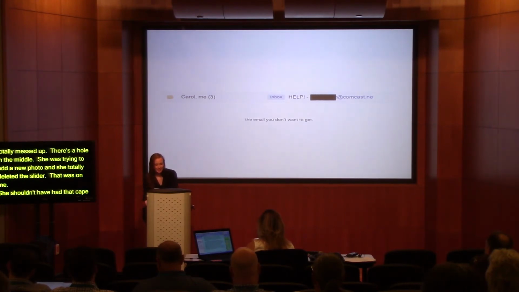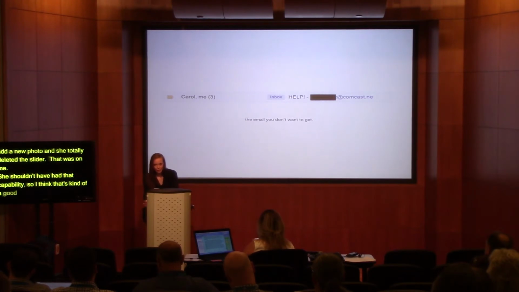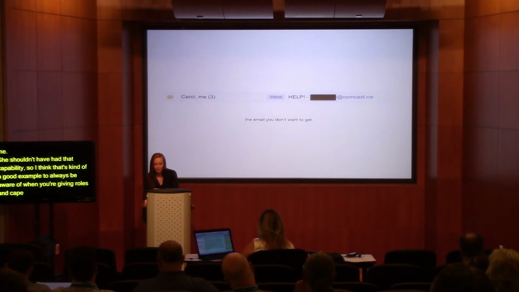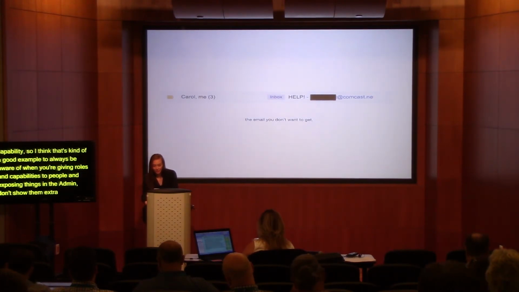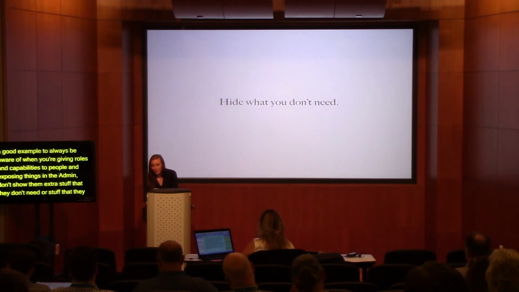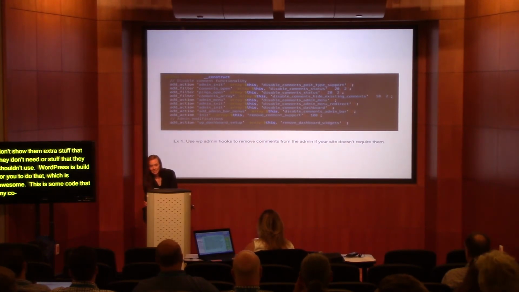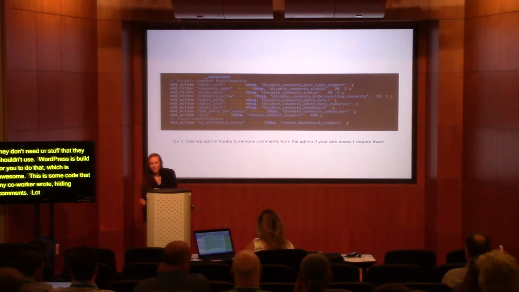So I think that's a good example to always be aware of when you're giving roles and capabilities to people and exposing things in the admin. Don't show them extra stuff they don't need or stuff that they shouldn't use. WordPress is built for you to do that, which is awesome. This is some code that my coworker wrote, just hiding comments. Lots of projects have comments, but lots don't.